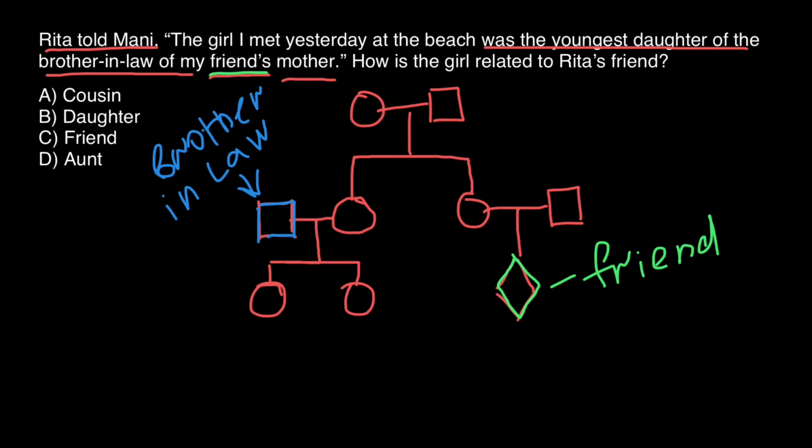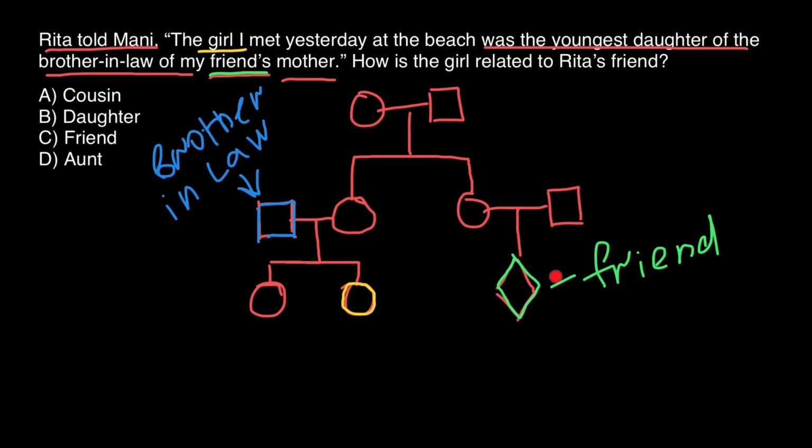Let me change the color again, this is an important person here. The girl I met yesterday at the beach was the youngest daughter of the brother-in-law of my friend's mother.